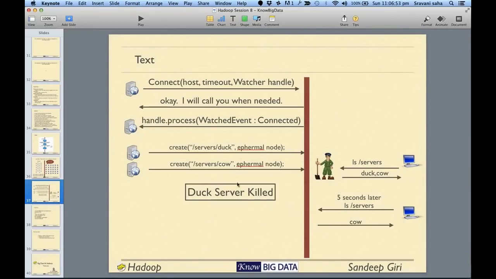After 5 seconds, let's say the duck server went down, which means the ephemeral node disappears. So there will be no duck in the servers list. If after some time the client comes along and does ls /servers, only cow will be available. This way, the discovery of available servers becomes very automatic and simplified.